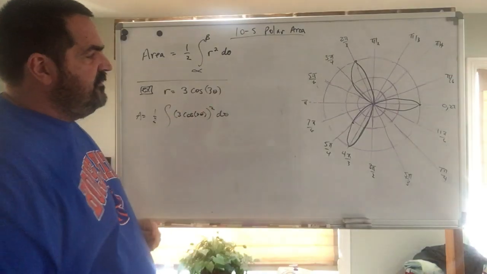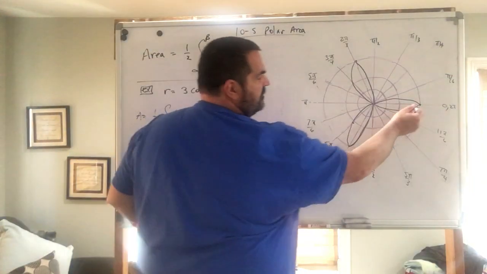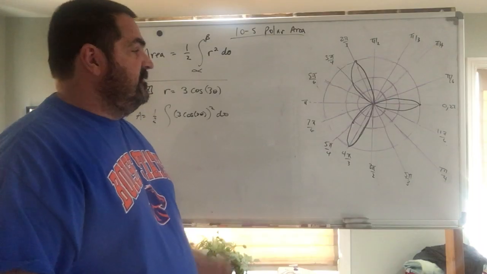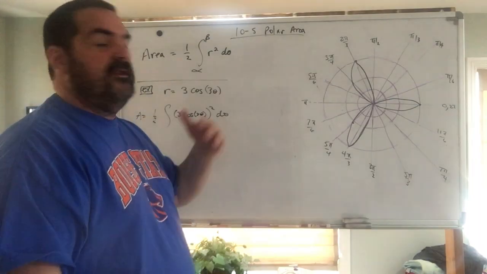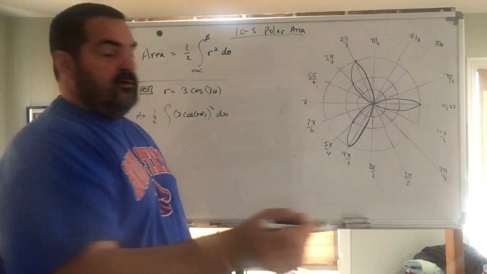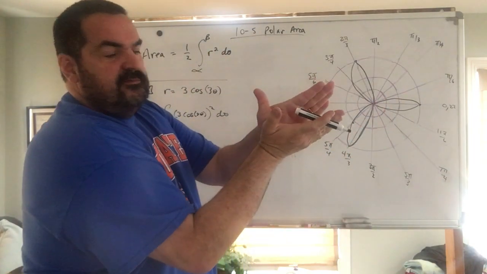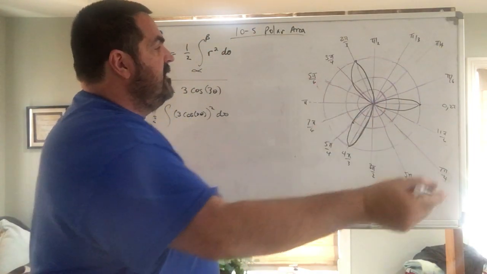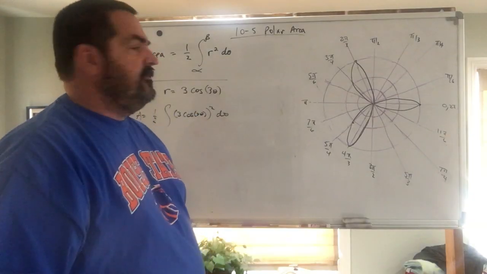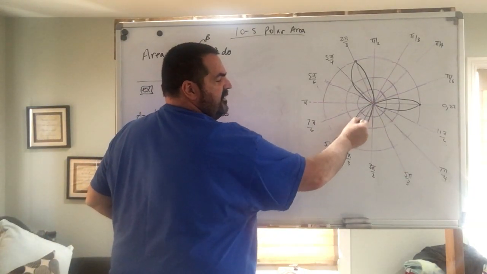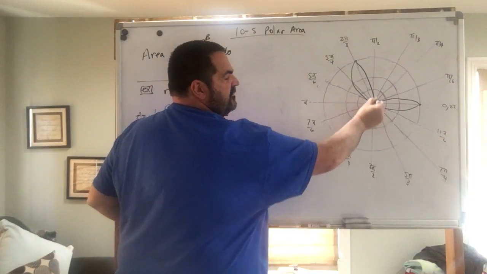If you would watch this graph, it actually started at 0, and at 0 it was 3, and by 30 degrees it was 0. So it just jumped to 0 in that first little 30-degree slot there. So that's why it hits there quickly. All right. But then it continues on and does this half loop and then finishes it.